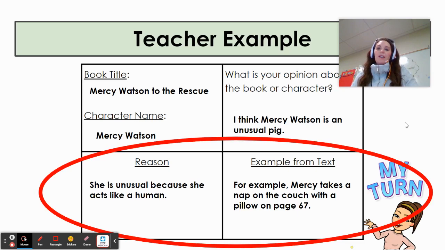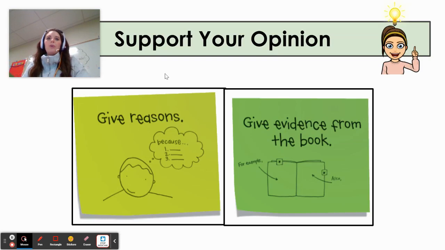You are going to work on this section of your planning sheet today. So you are going to give one reason for your opinion and find evidence from the text, or an example from the text, that supports your reason. Okay?